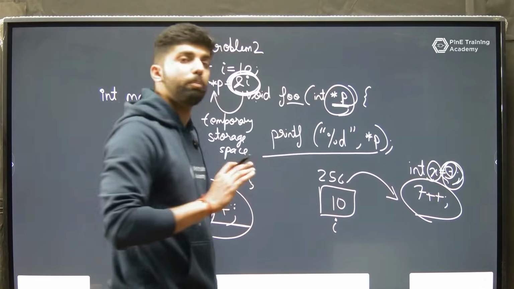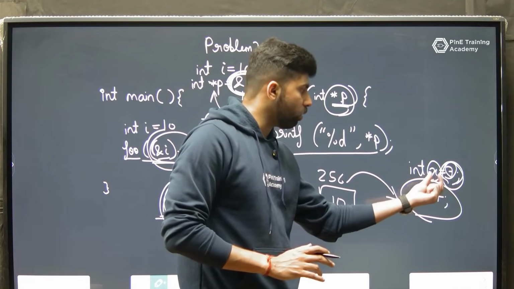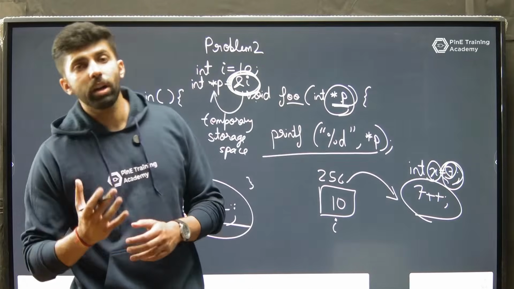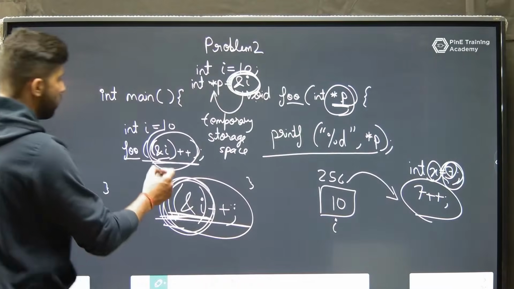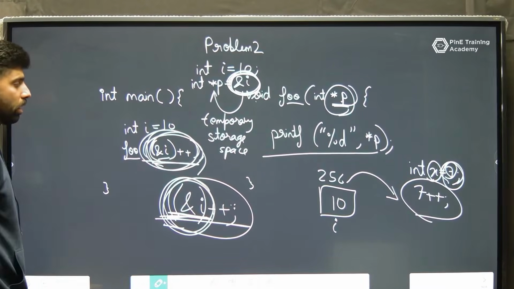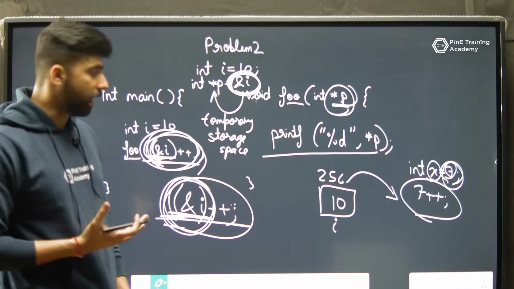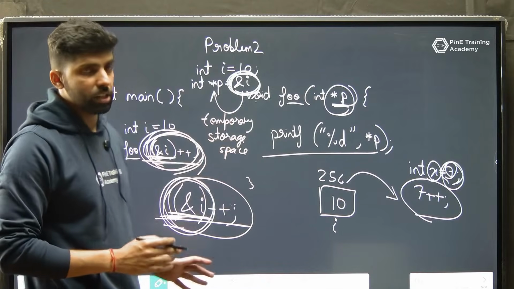X is a permanent storage, not 7. So the value on the right side of this equal to is not modifiable. We cannot modify this. Same way, here I'm trying to modify something which we can't modify actually. So this will give you a compilation error.